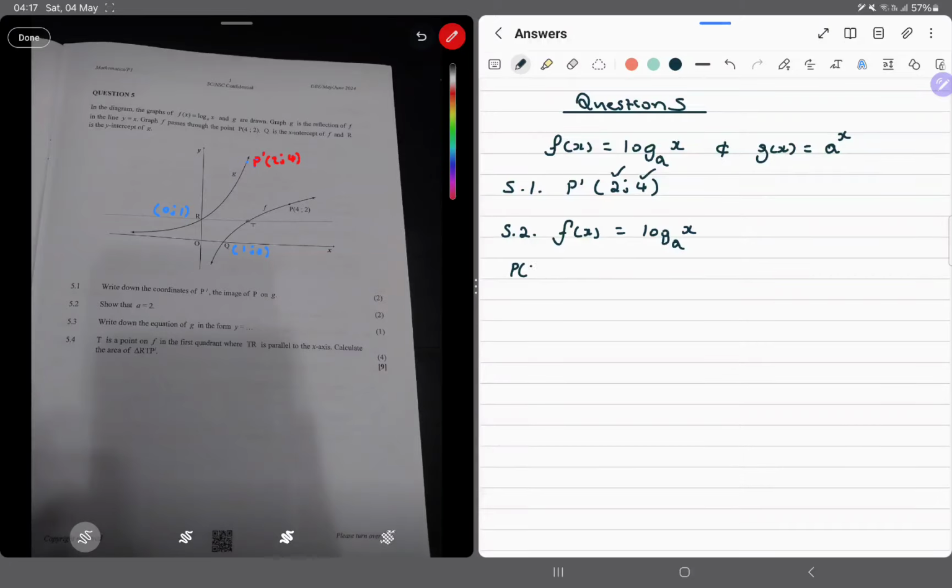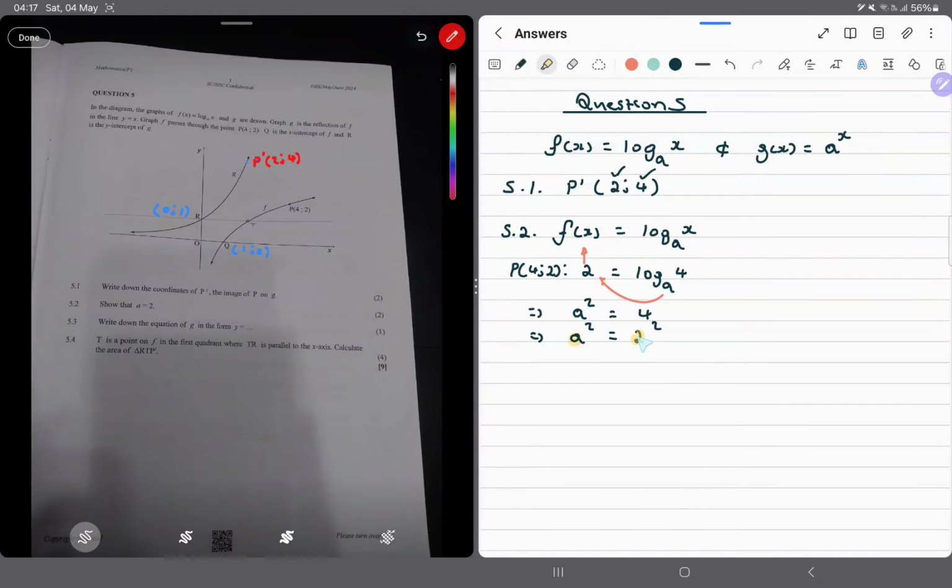Now through point P, 4, 2, it is such that 2 is equal to the log of 4 to the base a. Then we convert to exponents. So the a takes its position and the exponent shoots up to its position. So this implies that essentially a squared is going to be equal to 4. Then we've got a squared equals 2 squared.